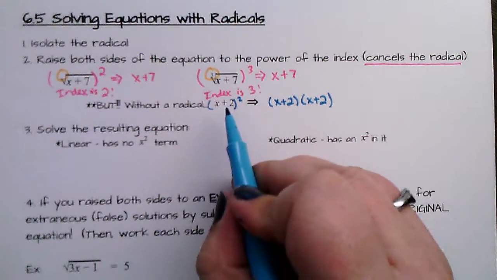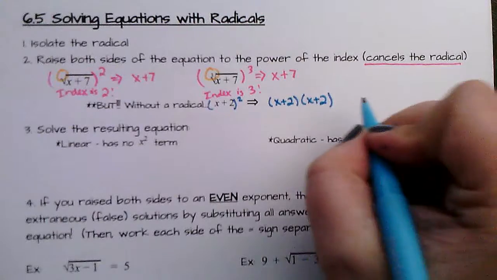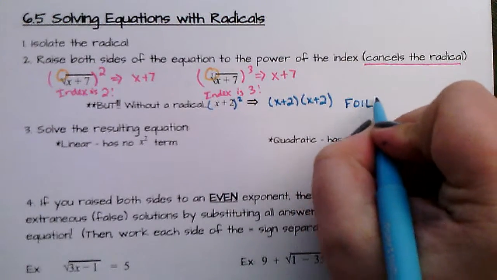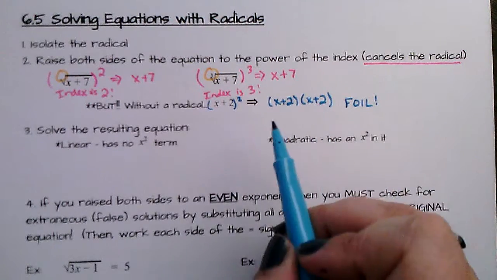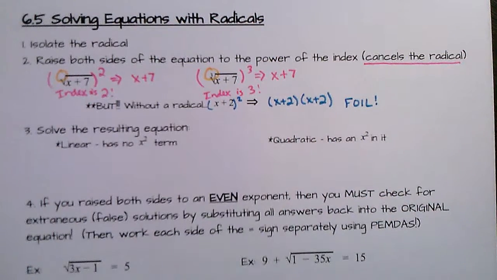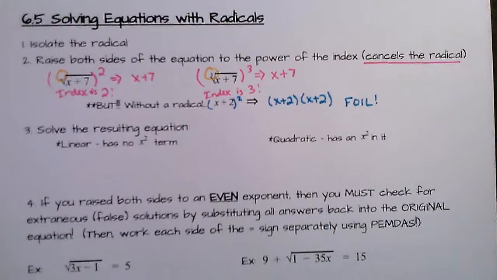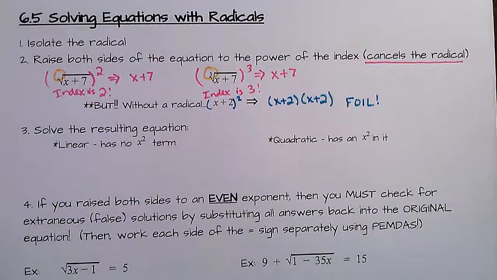You would have to FOIL that, or multiply those binomials, and you would get a lot more stuff. So I don't think I gave you any like that, but if I did, let me know and I'll help you with them.